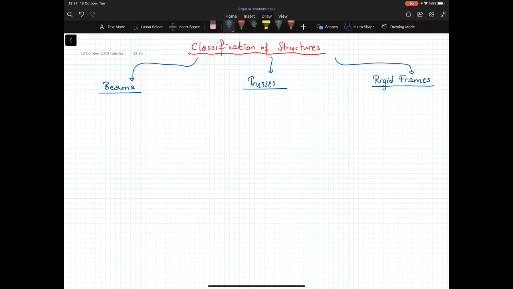So by definition, let's draw a beam here. In order for us to call this structure a beam, it should be under transverse loading only, meaning that this loading can only create bending deformations.